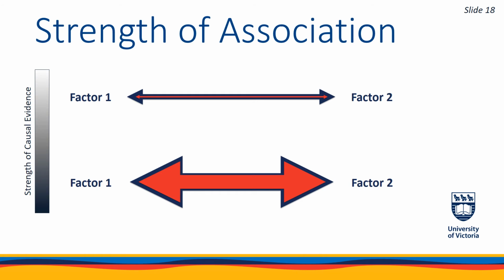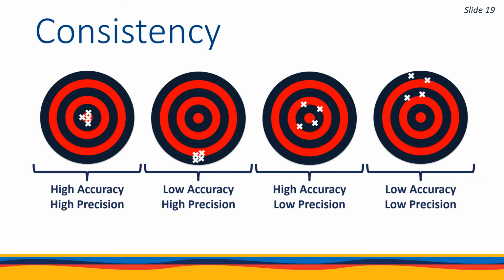In the next one, consistency, on slide 19, you can see that multiple estimates should all arrive at the same conclusions, with high accuracy and high precision. But there are a variety of different results when you're looking at a research question. Maybe all the studies out there are arriving at a very precise estimate, but not very accurate estimates. Maybe they're biased, maybe they weren't able to sample their population correctly.